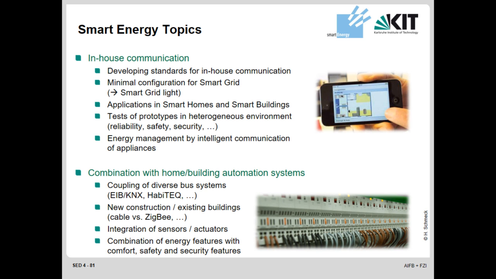Actually, in the house, we also have a communication system which is called EnOcean. EnOcean is a system where you have a device, for example a switch, and by pushing the switch, you can transform the mechanical energy into electric energy, and this generates a signal which is sent to the controller, and then, for example, the light is switched on or off.